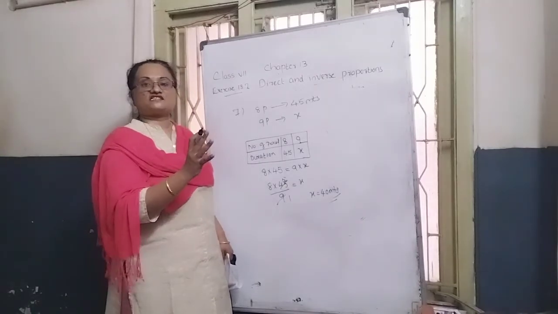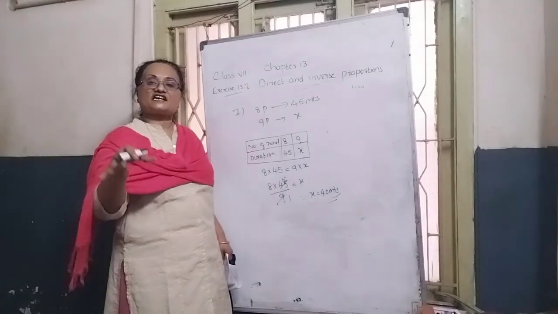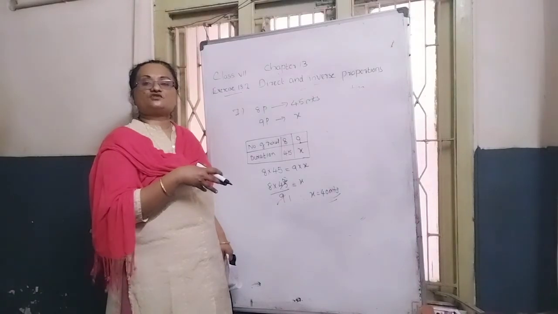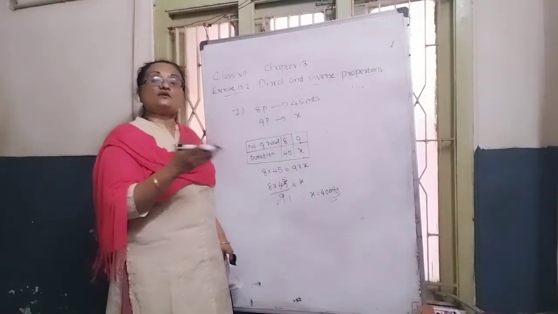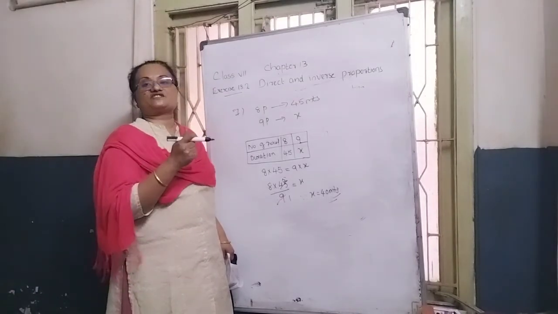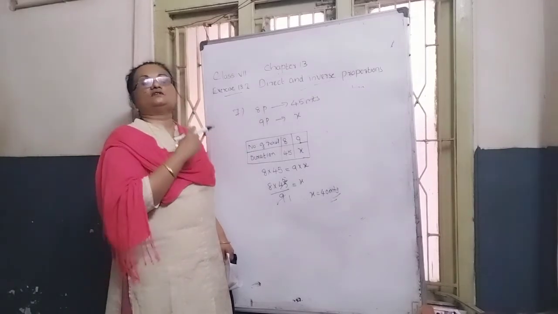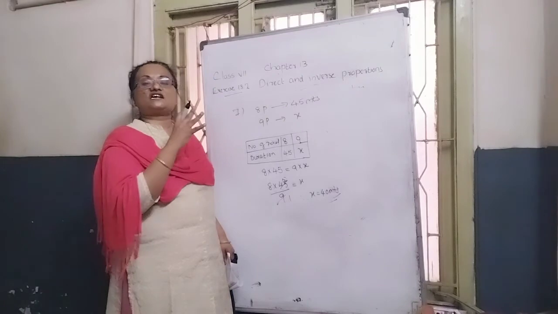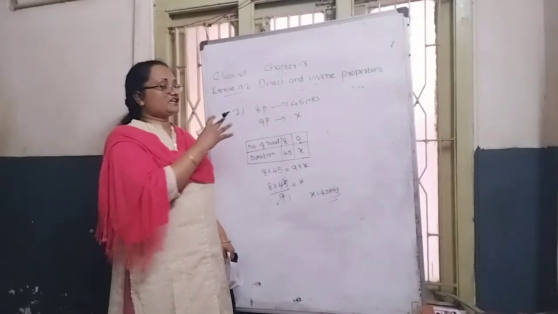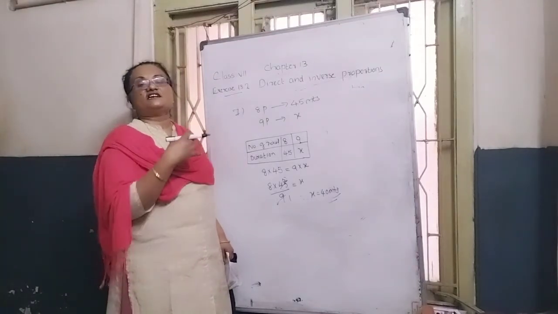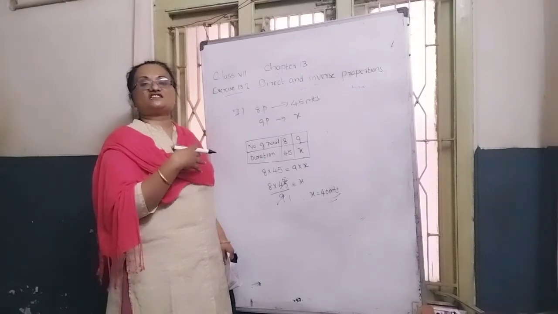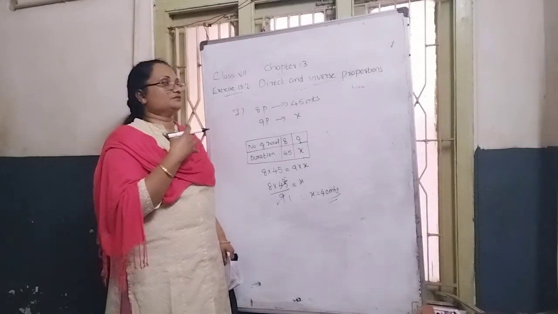Example, the farmers case: the more area farmers cultivate, the more crops they can harvest. Both quantities are increasing. Here one is increasing and another is decreasing. That situation we call inverse proportion.